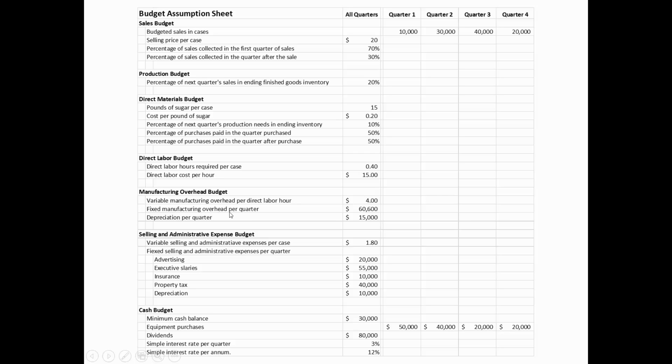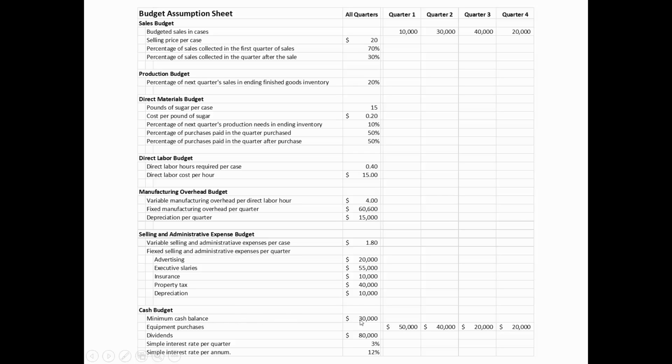There's going to be fixed manufacturing overhead per quarter of $60,600, of which depreciation is $15,000. The variable selling and administrative expenses per case is $1.80. And these are the fixed selling and administrative expenses per quarter: advertising, executive salaries, insurance, property tax, and again, depreciation. That's going to be a component of it.